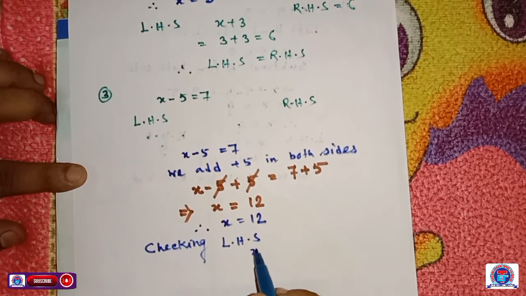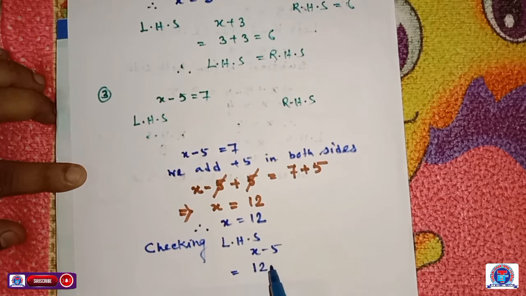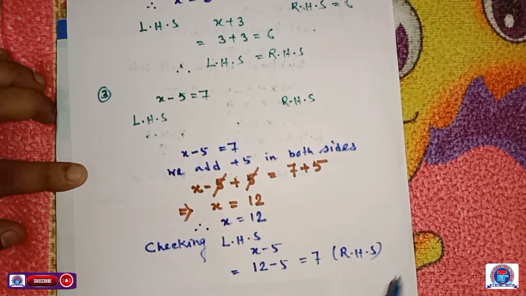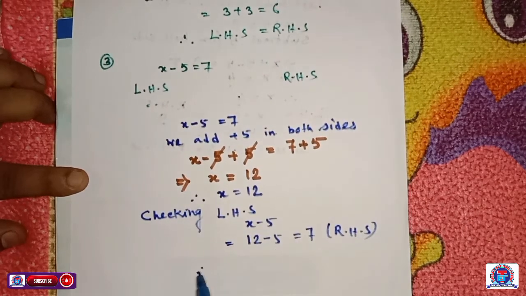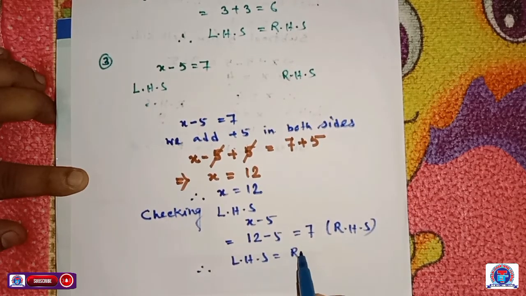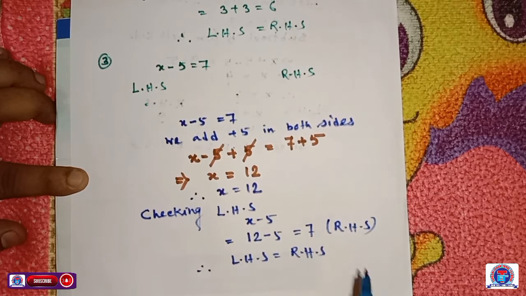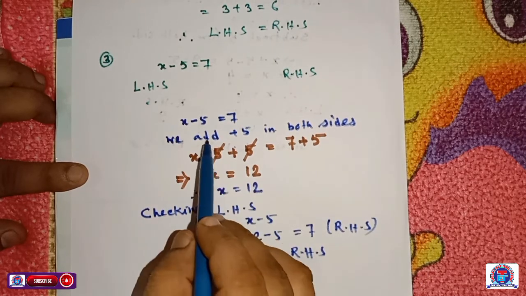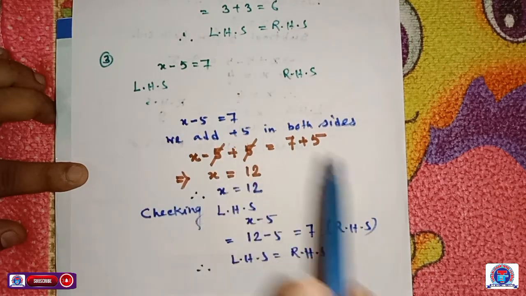So here we write x minus 5 is equal to, this value of x is 12 minus 5 is equal to 7, that is right hand side. Therefore we can write left hand side is equal to right hand side. That is proved. Correct? So x is equal to 12 does satisfy this equation.